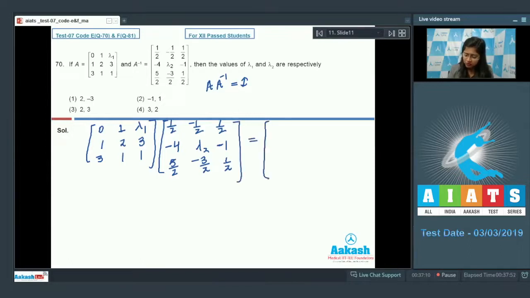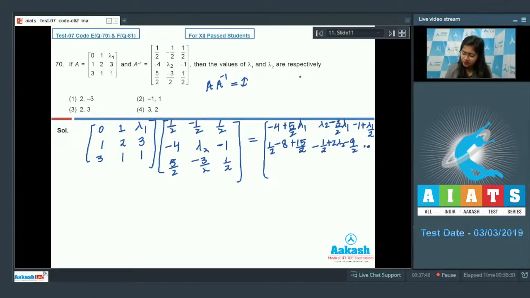Multiplying these two, it will be equal to minus 4 plus 5 by 2 into lambda 1, lambda 2 minus 3 by 2 into lambda 1, minus 1 plus lambda 1 upon 2. And here we will get 1 by 2 minus 8 plus 15 by 2. And here it will be minus 1 by 2 plus 2 lambda 2 minus 9 by 2 and so on.